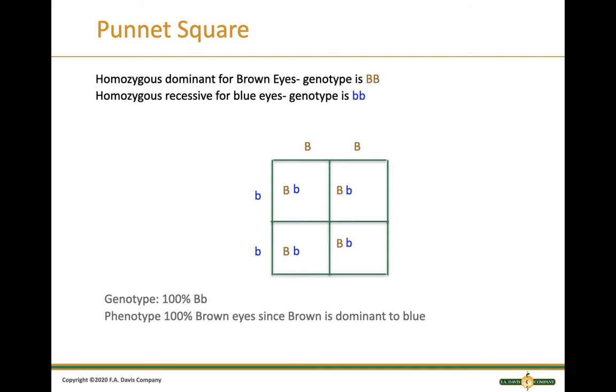And so then each box is going to represent the chances of having that type of genotype in their offspring. And in this case, they're all the same. But if you're doing a Punnett square for someone who's heterozygous, you would get different combinations in there. So in this case, the genotype is 100% capital B, lowercase b, and the phenotype is going to be 100% brown eyes, since brown is dominant to blue.